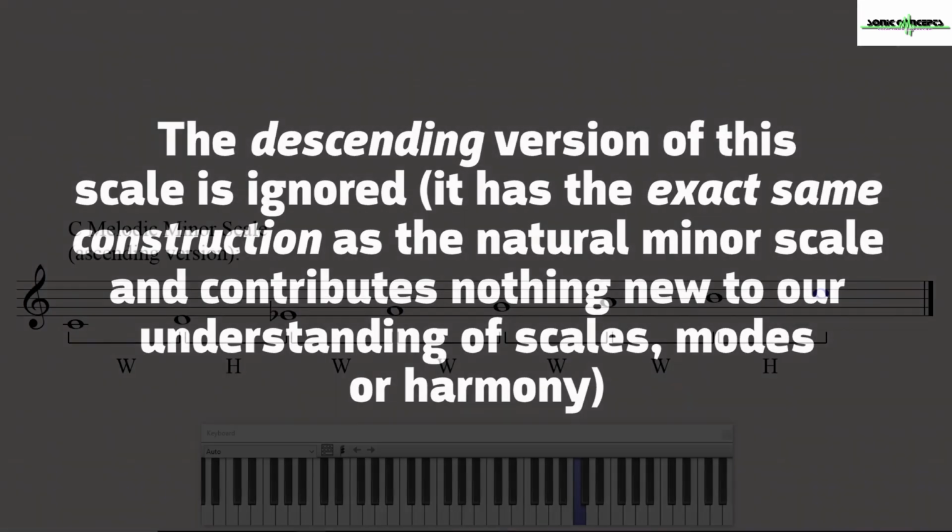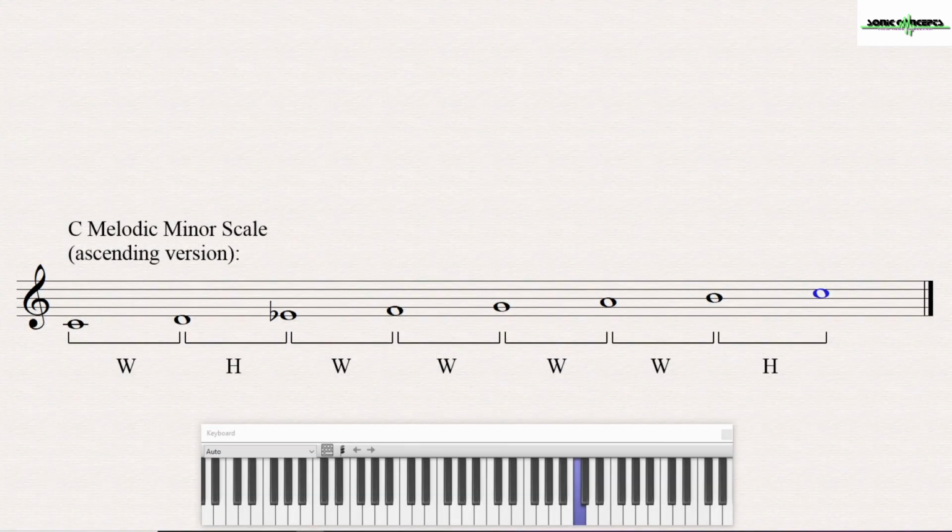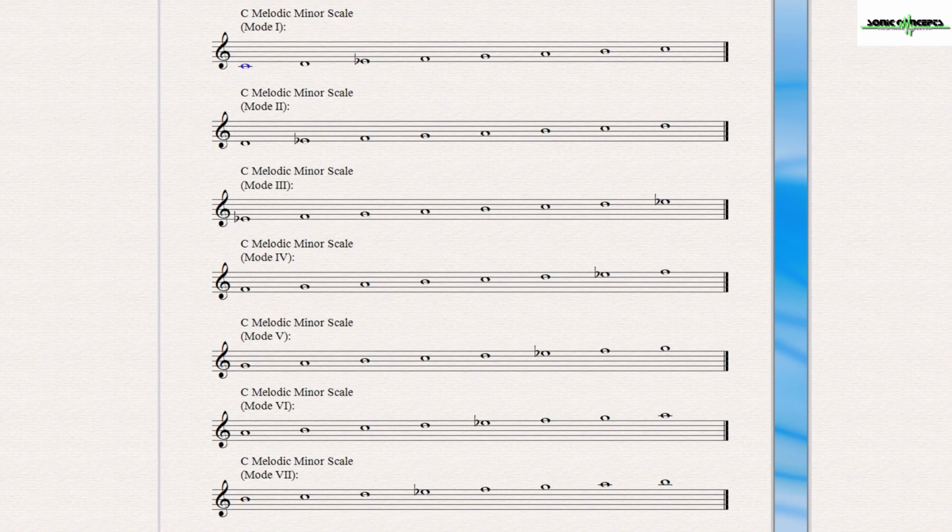Let's revisit this ascending version of the melodic minor scale. We can create modes from this scale which are referred to as mode 1, 2, 3, 4, 5, 6, and 7 in Roman numerals.